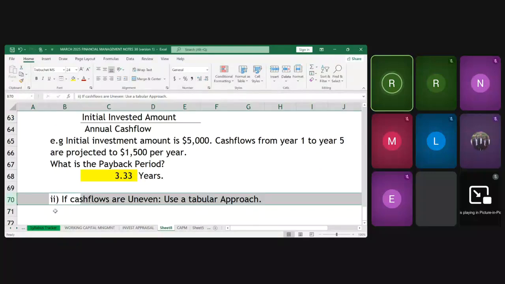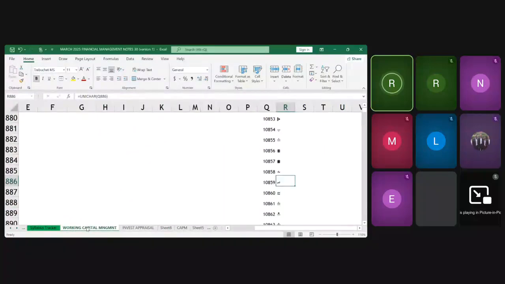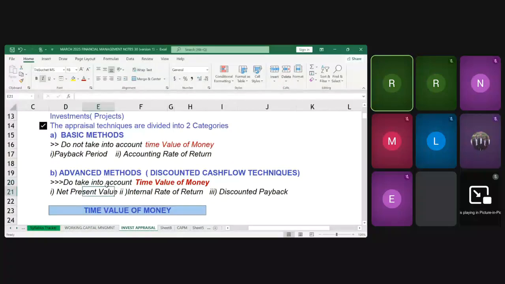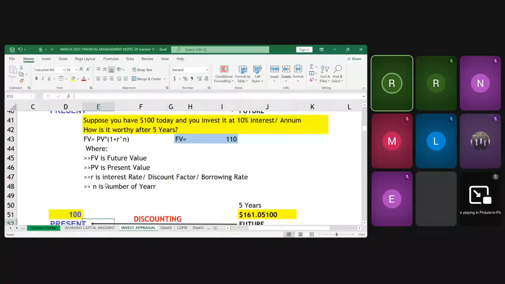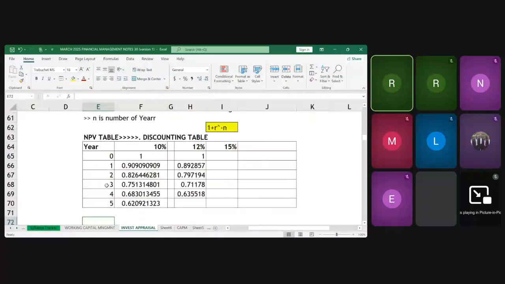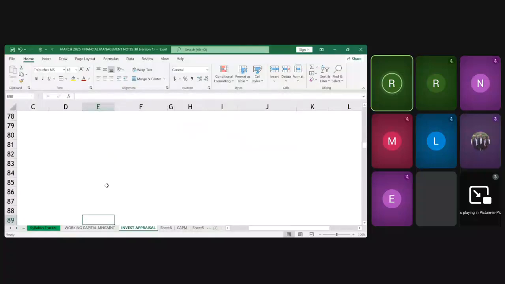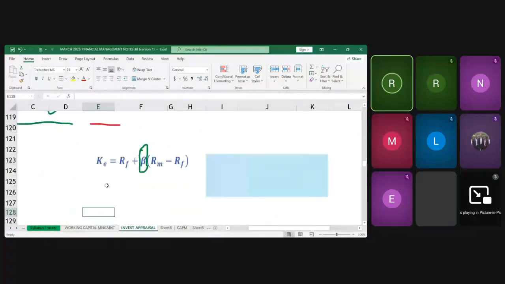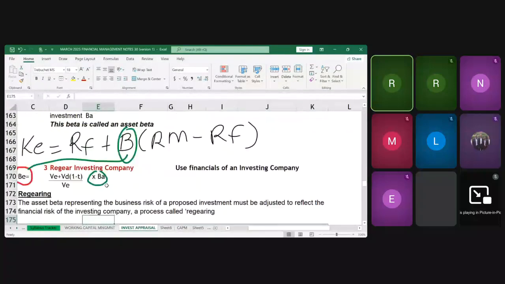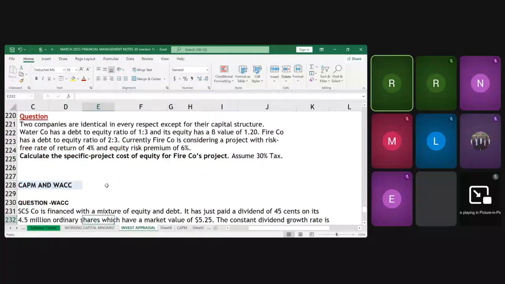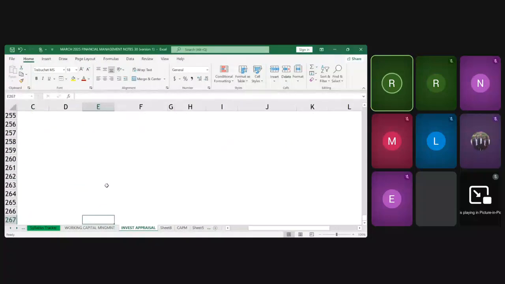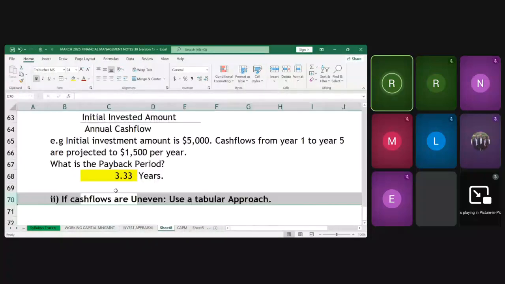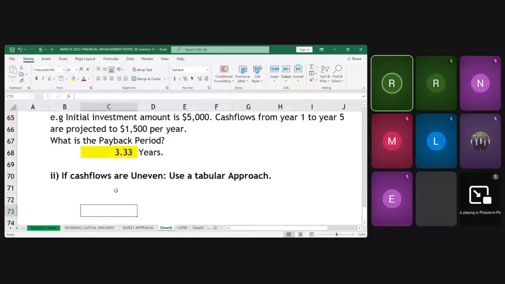Let me just find figures that can be used here. I just wanted to copy figures from my previous presentation. I still have those figures. All right, that is okay. I'm just going to give you the figures that I have.